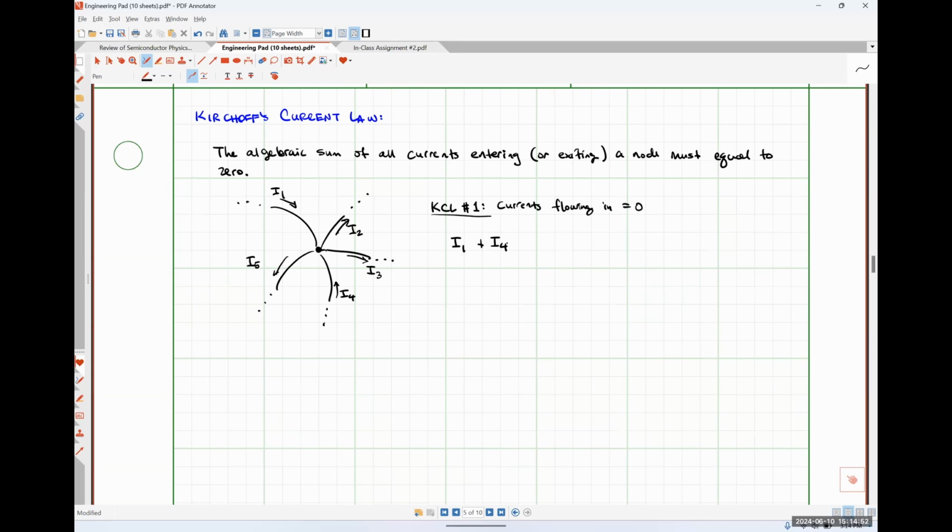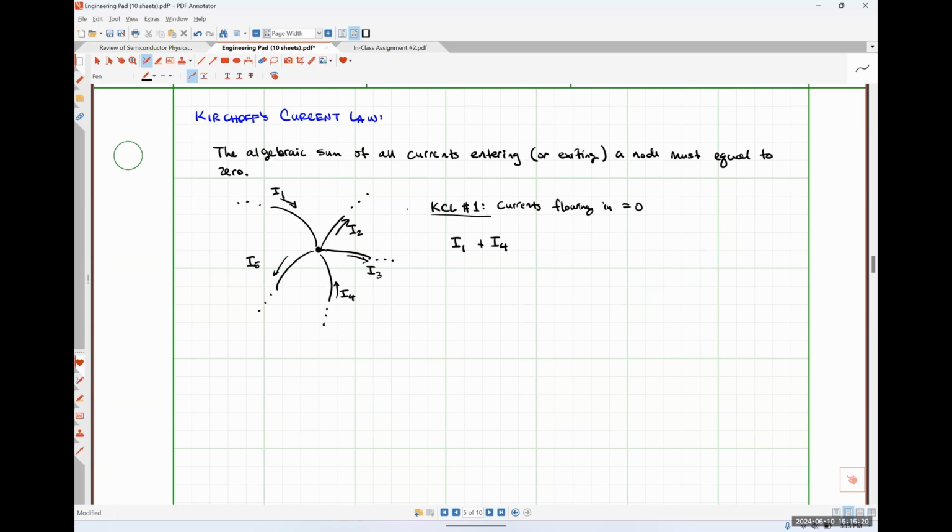Because the law says the algebraic sum of all of the currents entering a node must equal 0. Well, unfortunately, it's not that simple. Okay? So instead, I have to think about, well, if I have 5 paths coming off of this node, I should have 5 terms in my Kirchhoff's current law equation. So a current I2 is seen exiting the node.